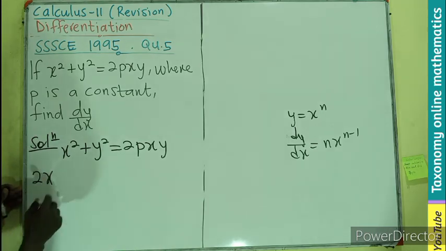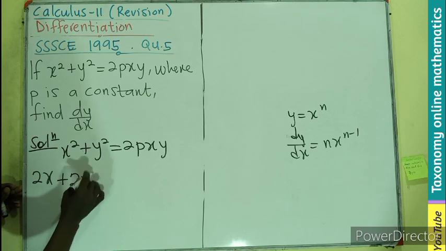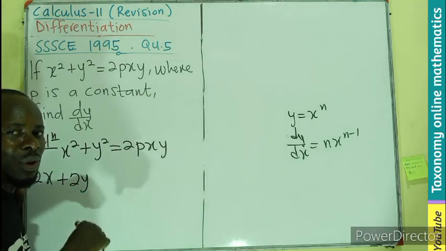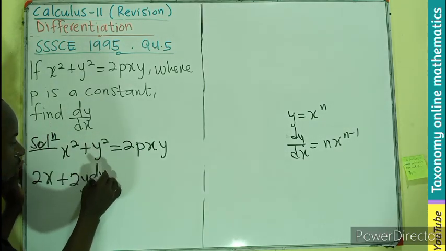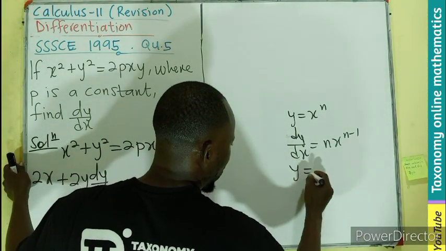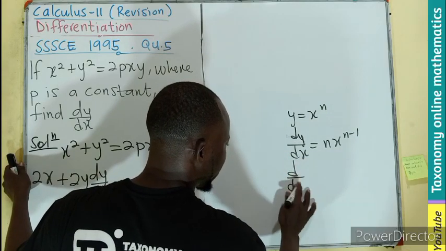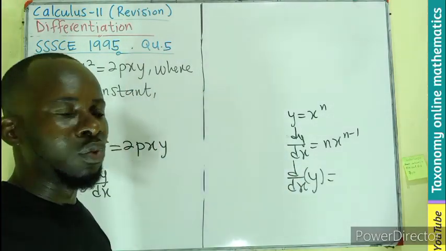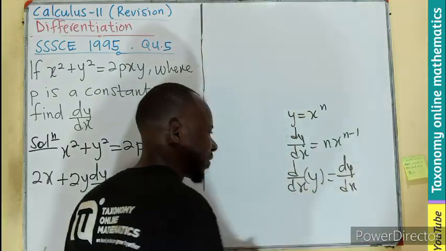So we have that. Then in the case of this, the 2 comes forward to multiply the y. We reduce the power by 1. But because we are differentiating y with respect to x, here we introduce dy/dx. By recall, if I want to differentiate y, I'll be left with dy/dx.